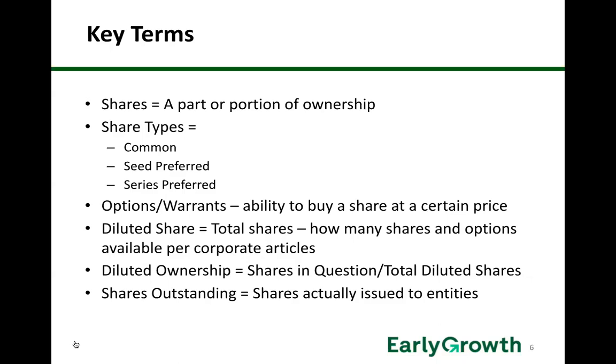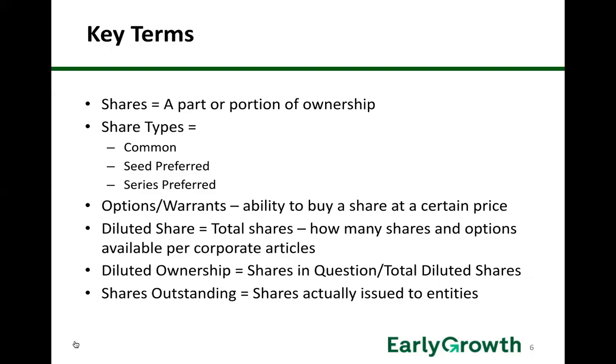Now, the next term here, diluted shares. What this really has to do with is the total shares that are out there and what that means in terms of your percentage ownership for a particular class divided by the total issued shares in the stock capitalization. I mentioned diluted ownership, meaning the fractional ownership based on the total number of diluted shares.